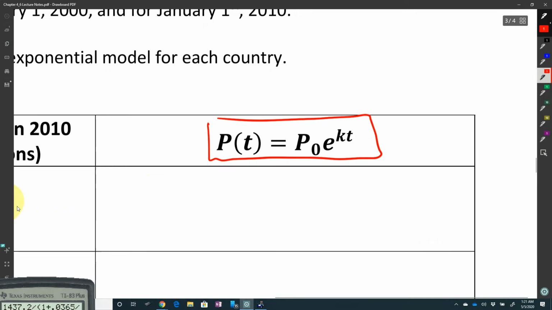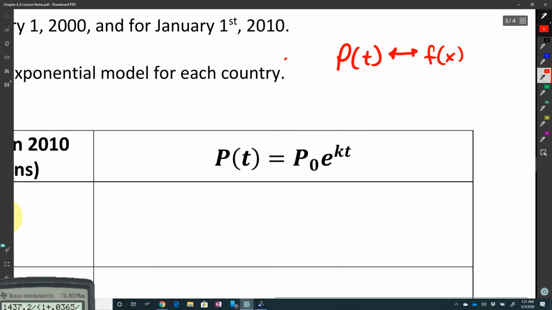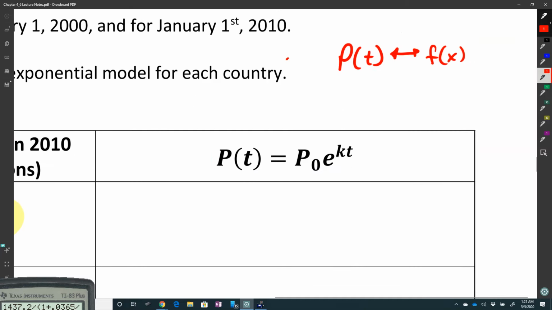So P of t is like saying f of x. It's not f times x, it's f of x. So this is P of t. If the of t throws you off, especially this close to the exam, what I would do is, I wonder if I can do it here.